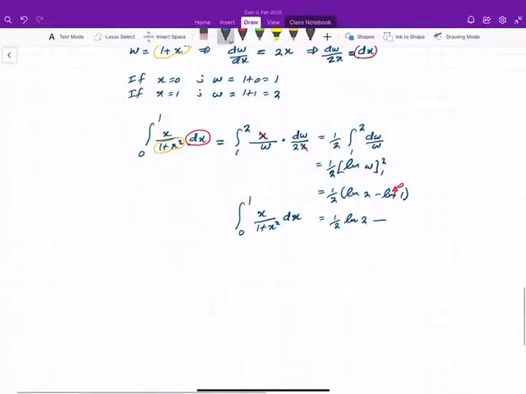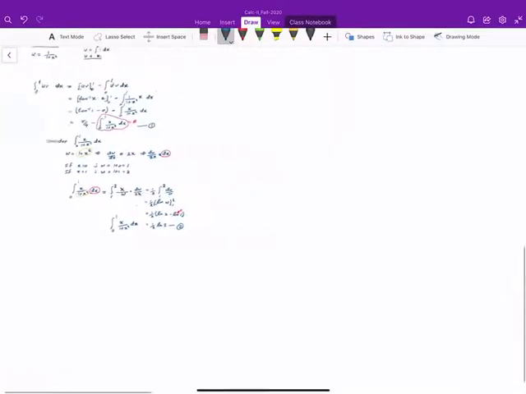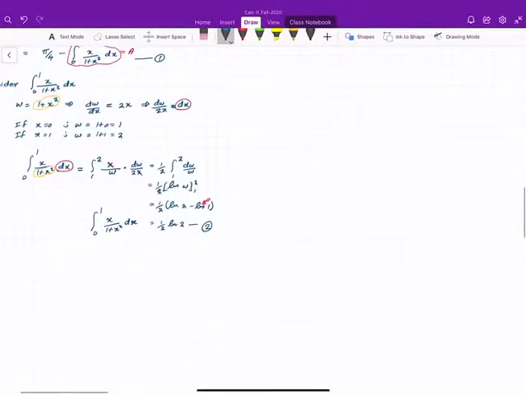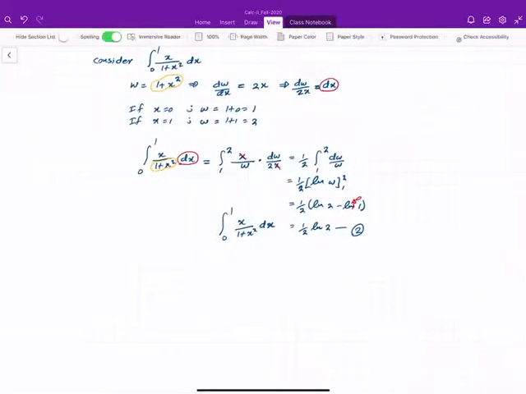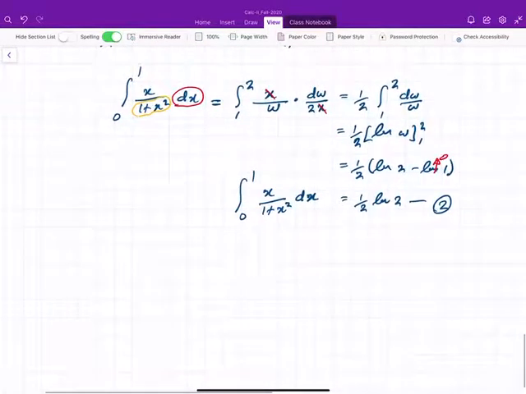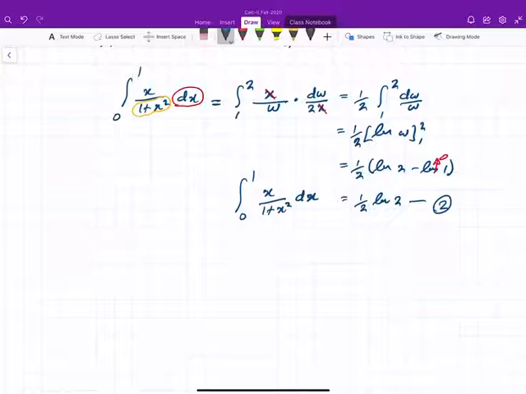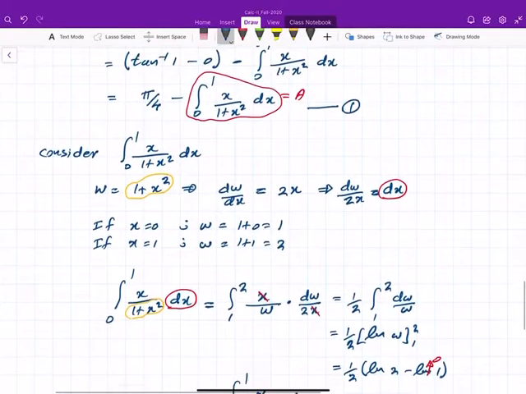I'm going to plug 2 into 1. Substitute 2 into 1, that is a.